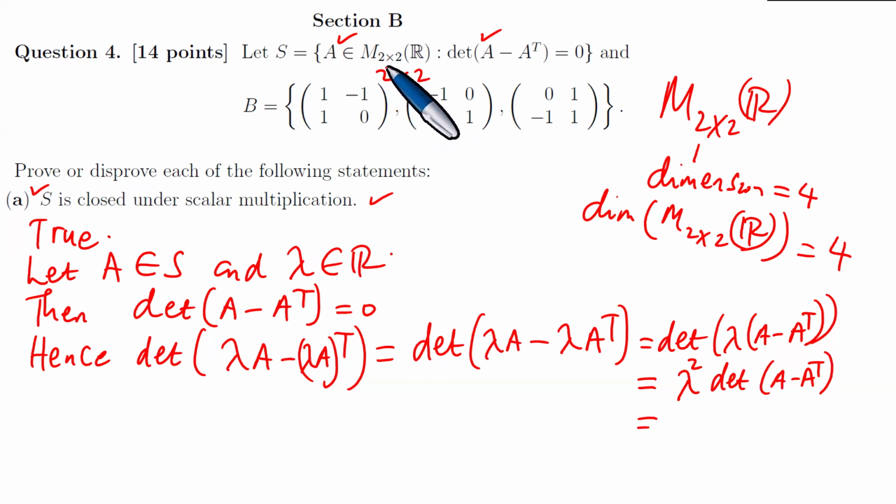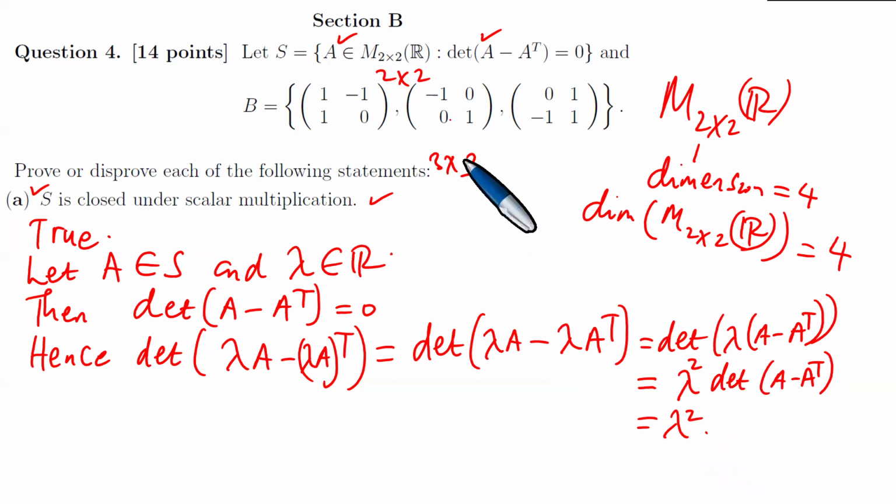For square matrices. So when you need to find the determinant of a scalar times the matrix, if you take out the scalar, it becomes squared because the matrix is 2 by 2. If it's 3 by 3, it becomes cubed. So it's a property of determinants.